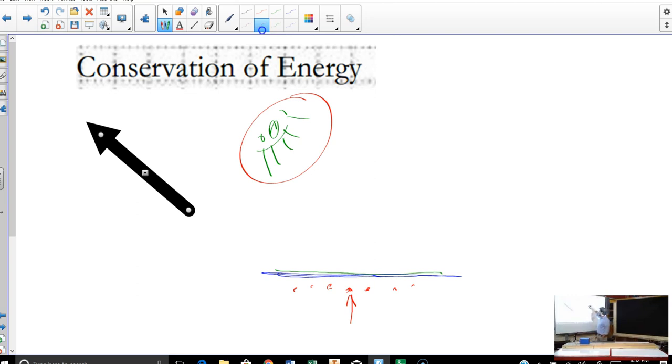So we have electromagnetic waves or light energy. And by the way, it all started as fusion in the center of the sun. And then it transferred to electromagnetic waves. That energy was absorbed by the plankton and turned into chemical potential energy. And those guys were eaten by little plankton that are actually animals.